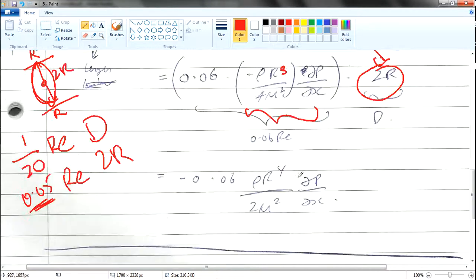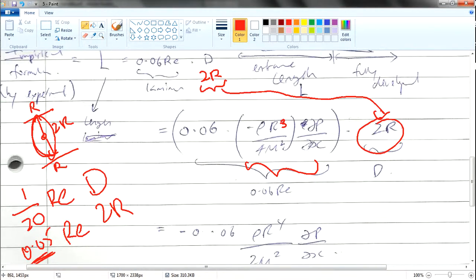So this was just a mistake. But anyway, once we reach here, this is your 0.06 Reynolds number times diameter 2R. If you multiply them together, we have 2R over here, so R cubed times R, you have R to the 4, right? And then 2 times 1 over 4, you have half, right?